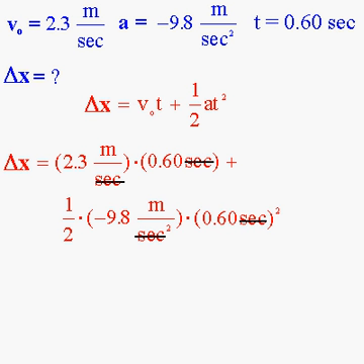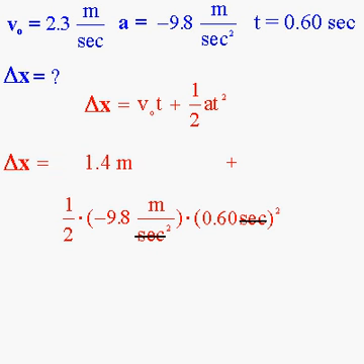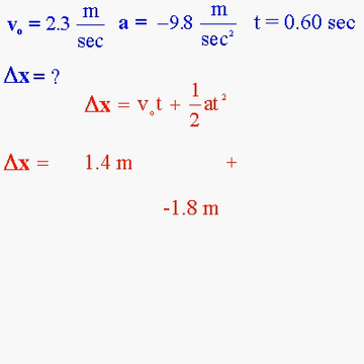The first term, when I multiply the numbers and round to 2 significant figures, I get 1.4 meters. In the second term, when I multiply the numbers and round to two significant figures, I get negative 1.8 meters. So delta x is 1.4 meters plus negative 1.8 meters, or negative 0.4 meters.